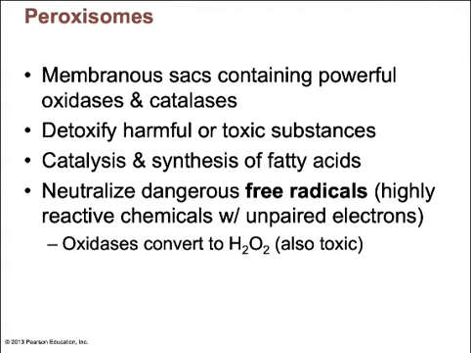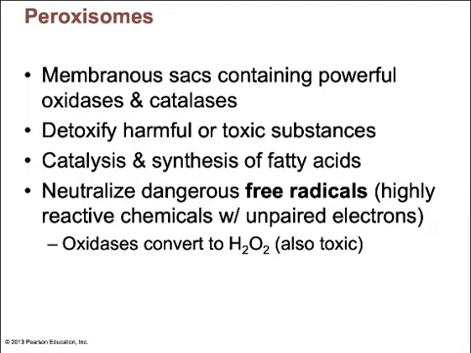Peroxisomes are membranous organelles that are designed to destroy free radicals, which tend to break down healthy molecules and produce damage that can ultimately lead, in some cases, to the production of cancer cells.